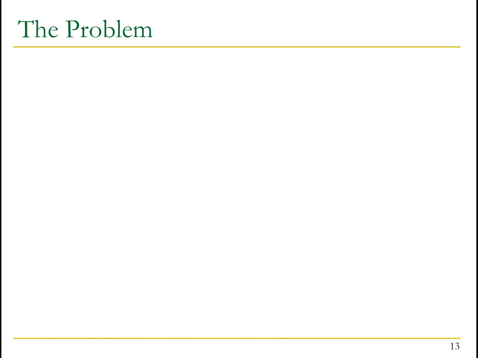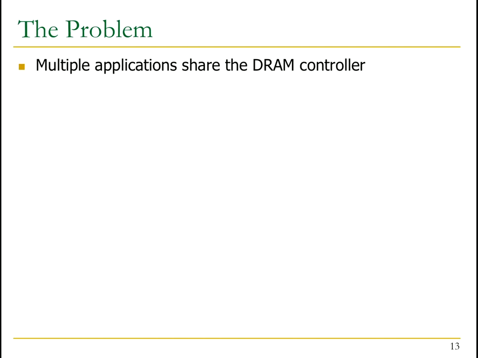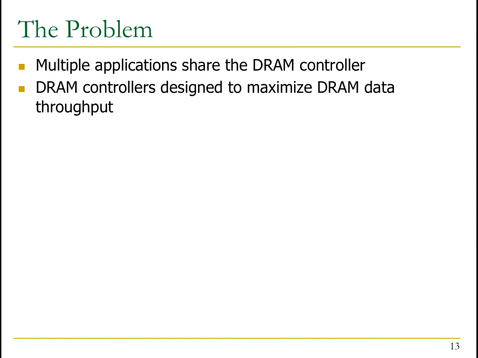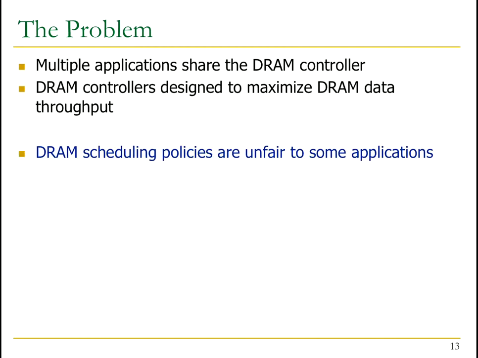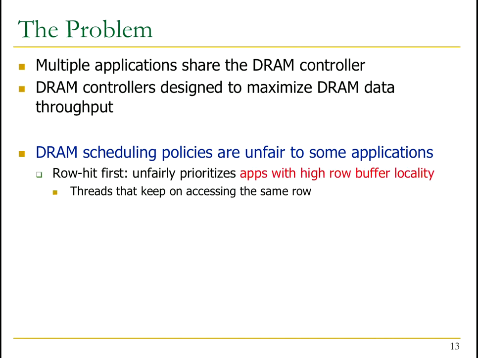The problem is this may be good if you have a single core. If you have a single core, maybe that's what you would like to do. But if you have multiple cores, they share this DRAM controller, and now you can be unfair to some applications, right? Basically, if you keep doing row hit first, you can unfairly prioritize applications that have high row buffer locality. If an application keeps hitting in the row buffer, that's always getting prioritized now, right?